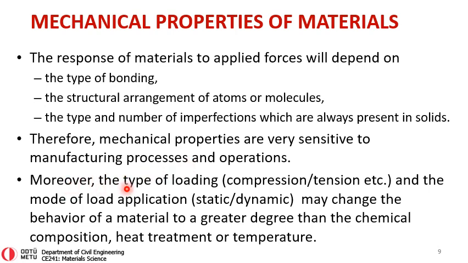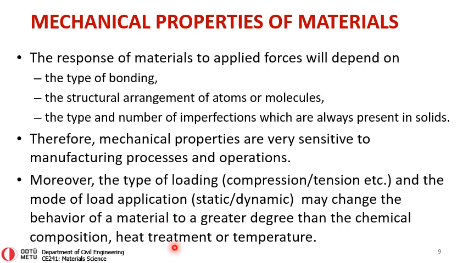because the type of loading, like if you are compressing it or pulling it in tension, or the mode of load application, whether you are statically applying the load, whereas in an earthquake you are dynamically applying the load, will change the behavior of a material sometimes to a greater degree than the chemical composition, the heat treatment or temperature, which are parameters of the manufacturing process.